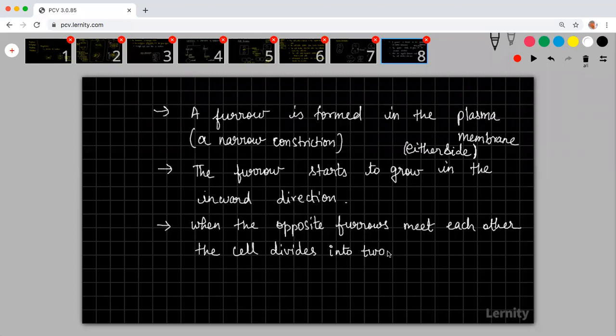Okay, so this is what will happen during cytokinesis.